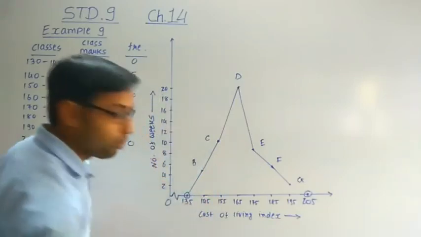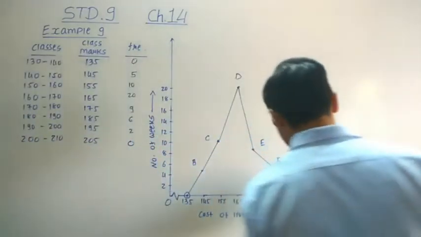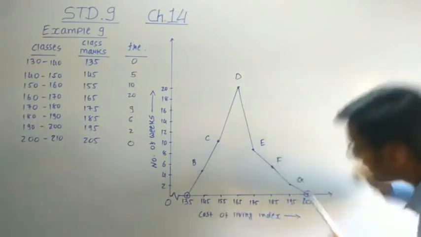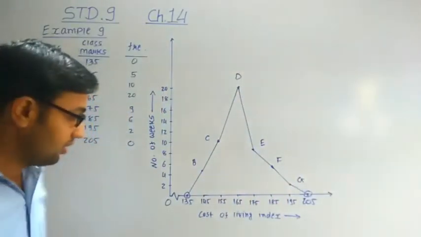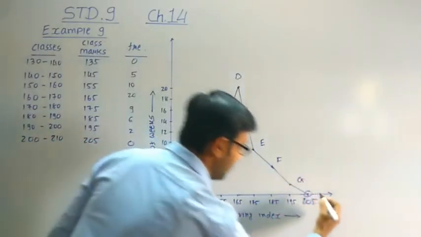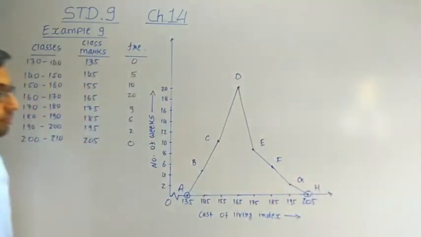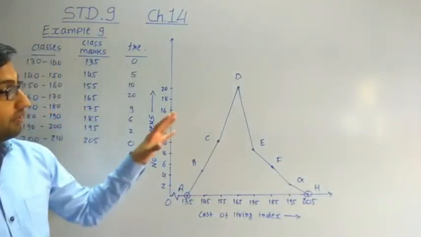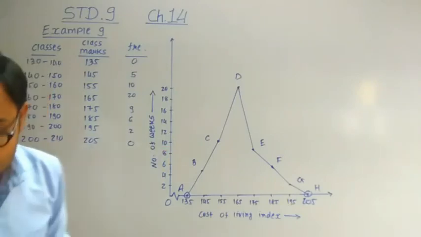Now it is closed from this side. In the same way, this frequency polygon is now closed here. Now we can name this point A, and A, B, C, D, E, F, G, H. Now it is closed, and we have prepared our frequency polygon.